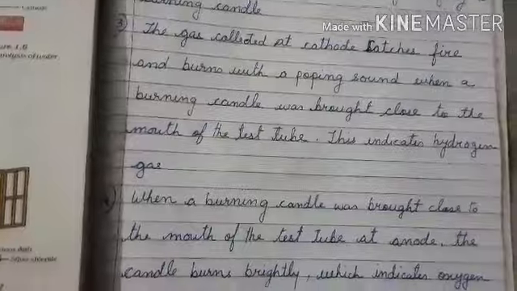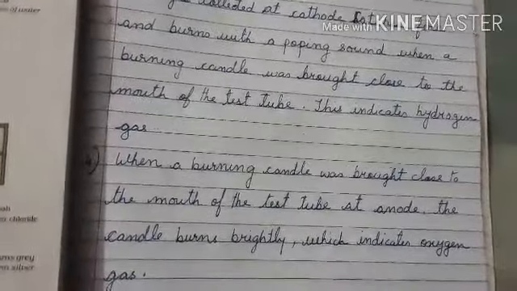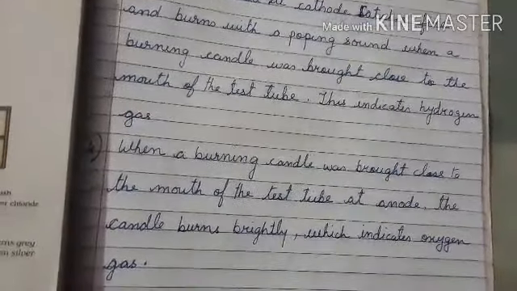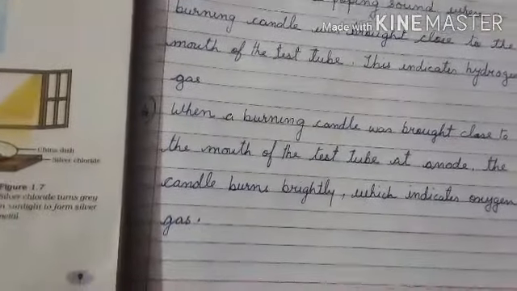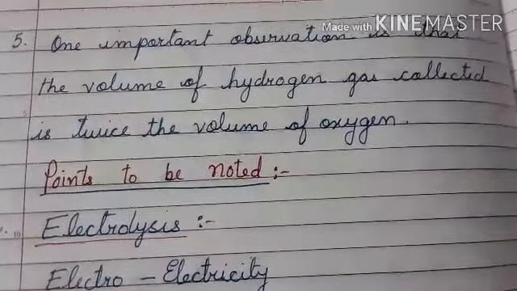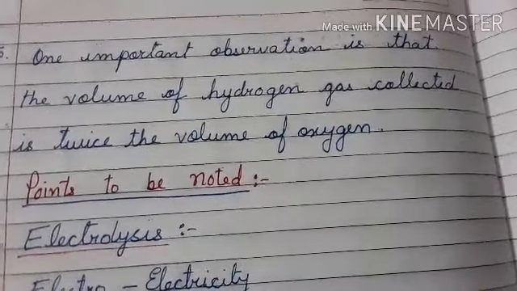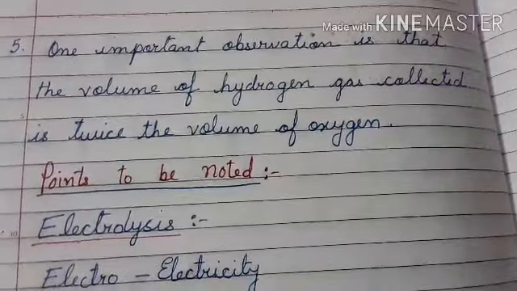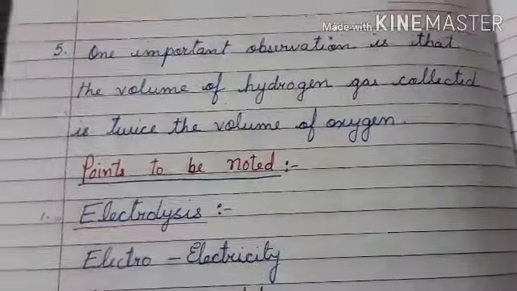Number 4, when a burning candle is brought close to the mouth of the test tube at the anode, the candle burns brightly, which indicates oxygen gas. Number 5, one important observation is that the volume of hydrogen gas collected is twice the volume of oxygen.